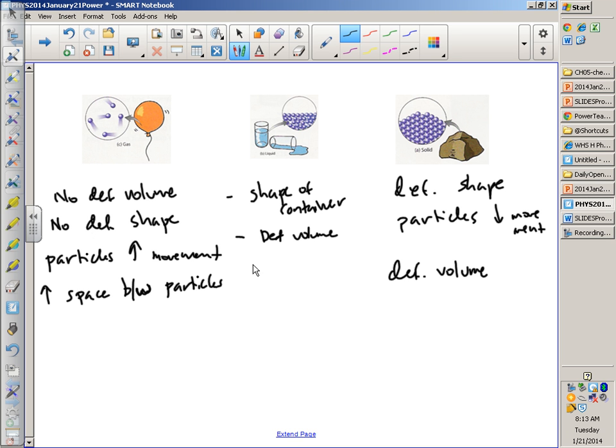So the movement of particles is less than gases, but more than solids. Does that make sense? All right, good there?